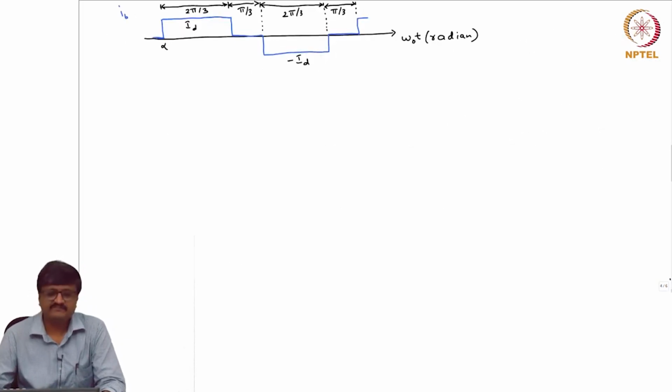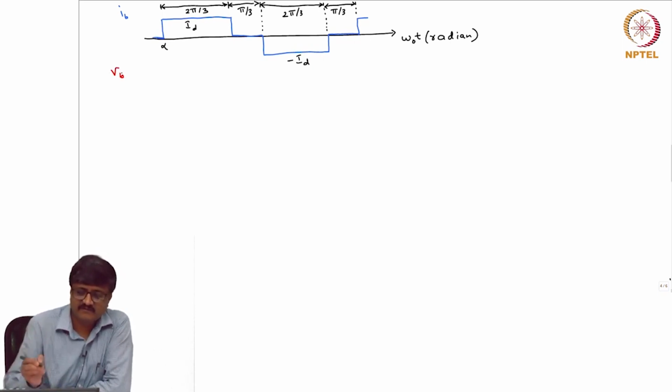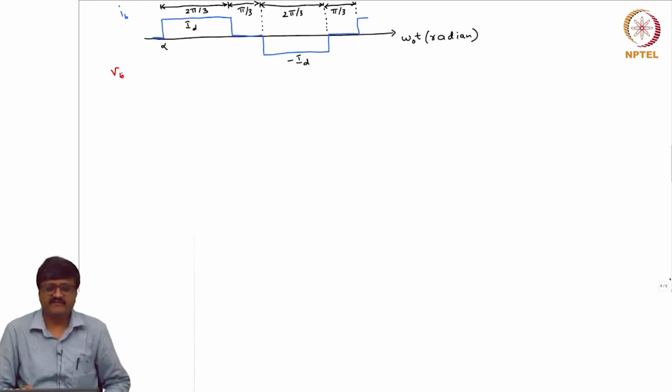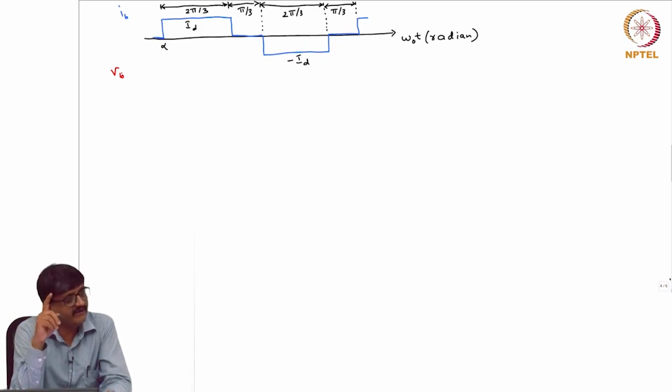So, except for C, the derivative of VB should be similar to IB. Suppose I want VB. How will VB vary from alpha to alpha plus 120 degrees? It increases linearly, it's a ramp. Then from alpha plus 120 to alpha plus 180 it's constant. Then when IB is minus ID, negative, it decreases linearly. Then again for another 60 degrees it remains constant.